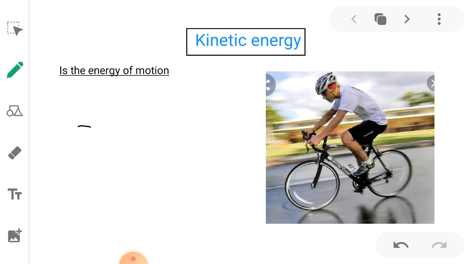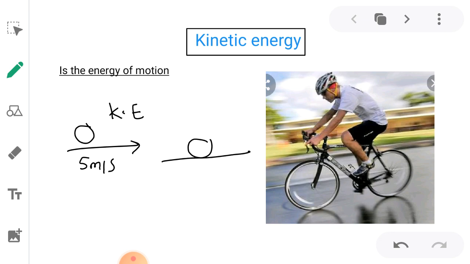Another example: if the ball is moving with a speed of 5 meters per second, then in the case of moving, it contains kinetic energy. Okay, what if the ball stopped on the ground and is at rest? Does it contain kinetic energy? No. Why?